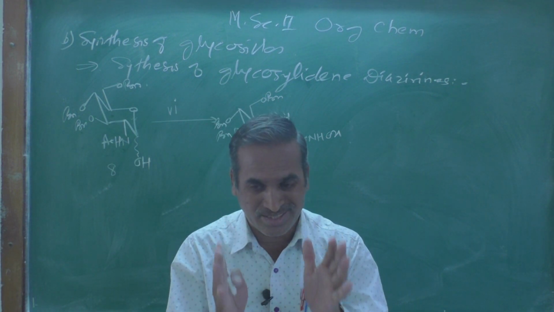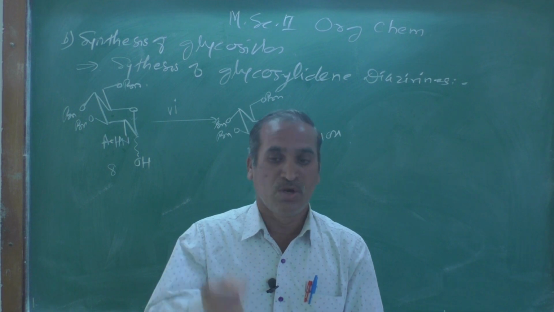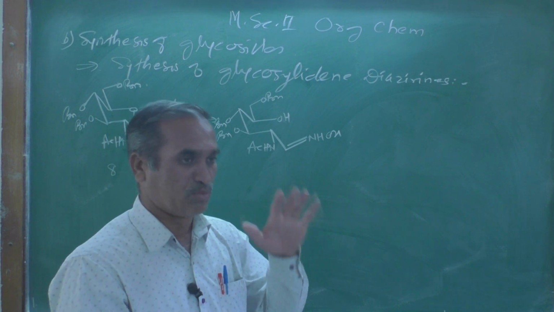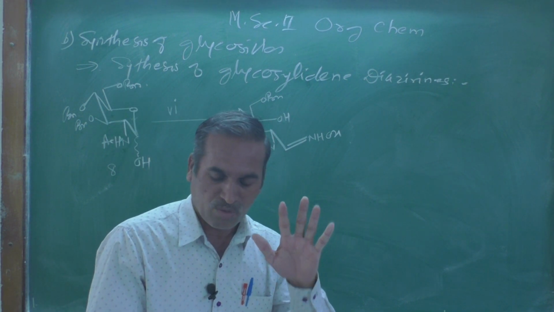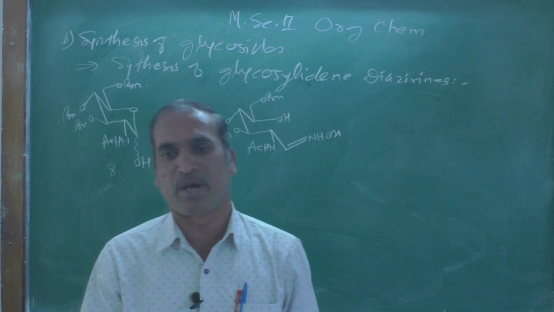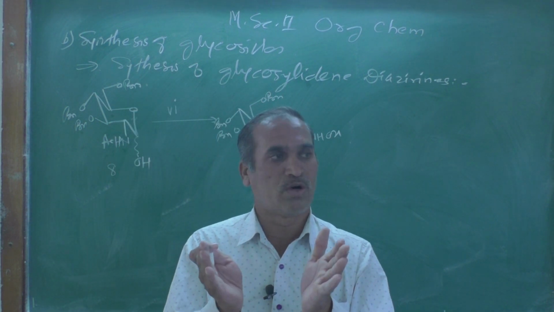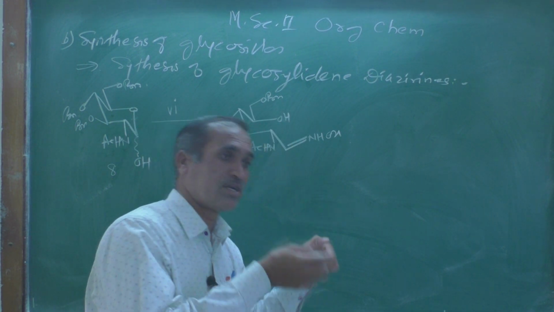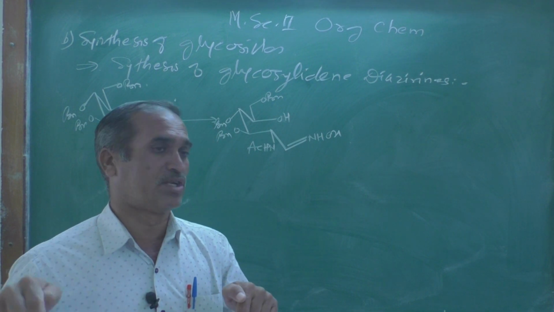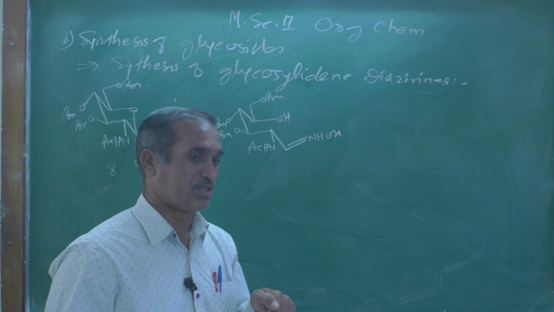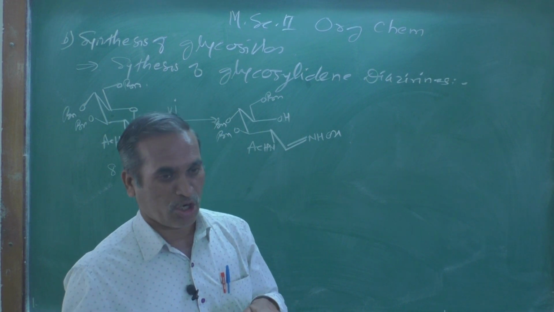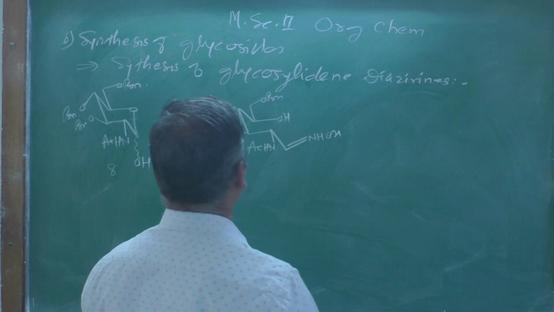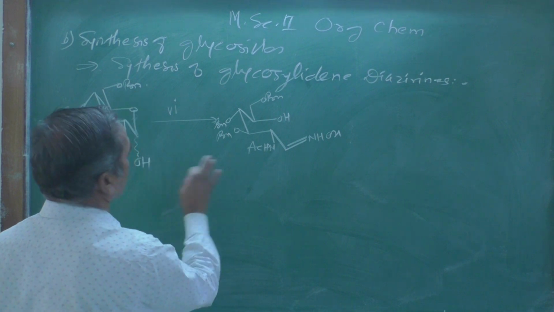After completion of this scheme, we are going to see the details of that reagent, what type of reagent it is. So the details of that reagent number 6 we are going to learn shortly after the completion of this scheme over here. And now what will be the structure number?